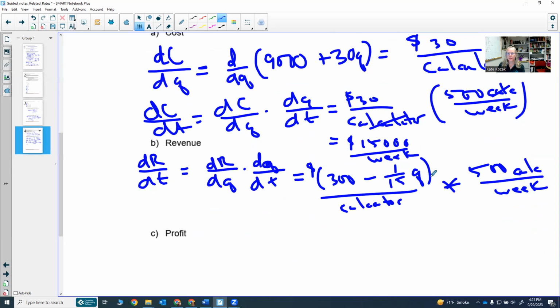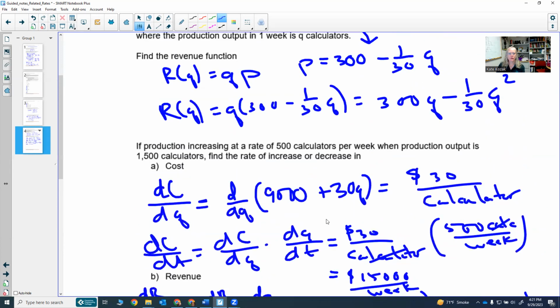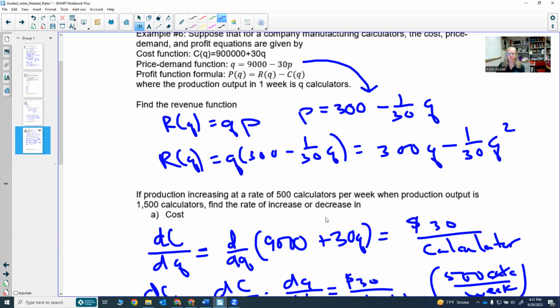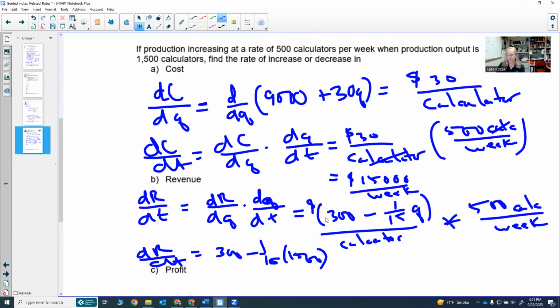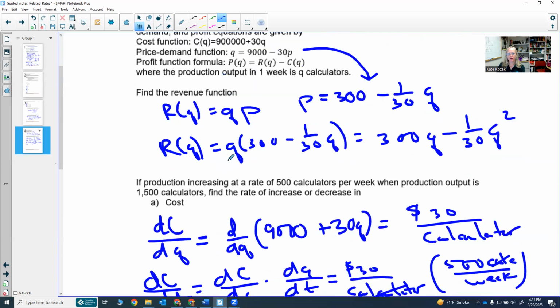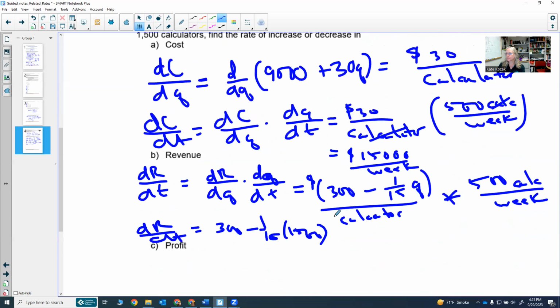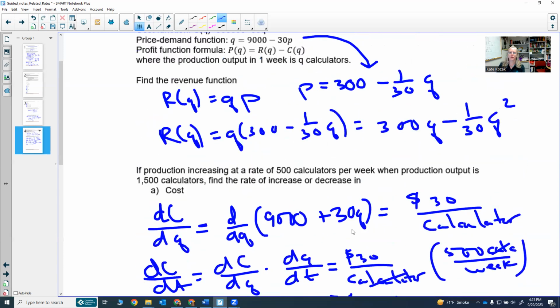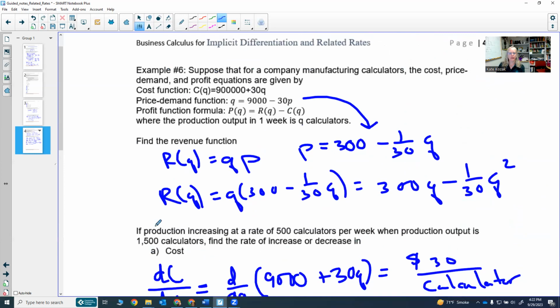And then Q is equal to 1500. So we're going to go ahead and put 1500 in there for Q. So dR/dt is going to equal 300 minus 1/15 times my 1500, because we were told originally that our output is 1500 calculators.